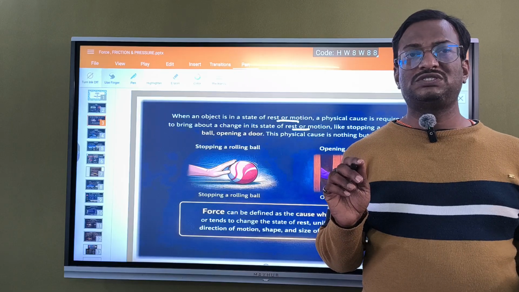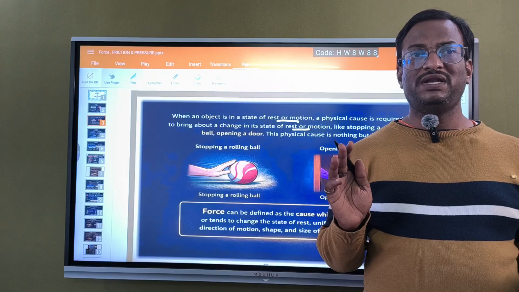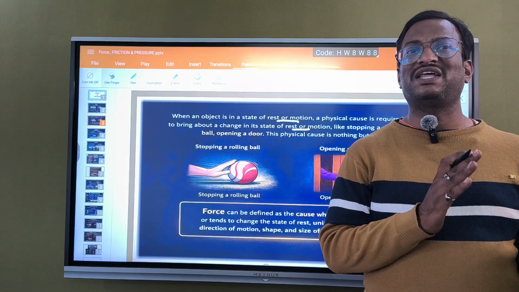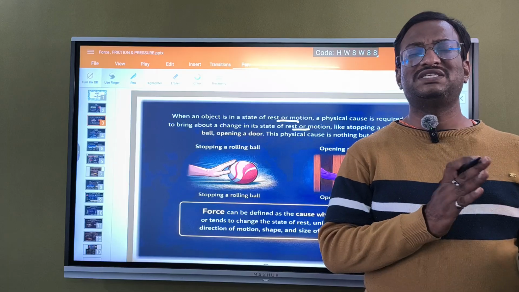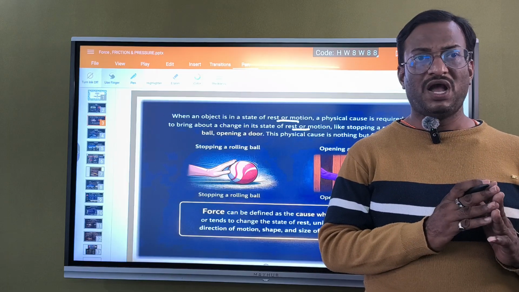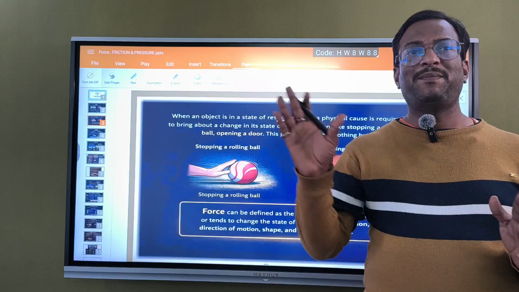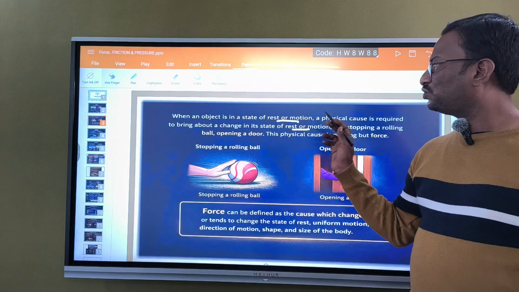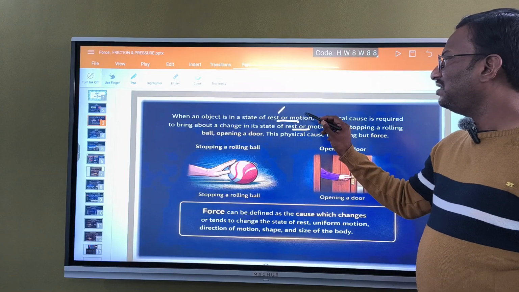We have taken two conditions. One is a person at rest at the bus stop, or a stone in the rest position, that is position A. And we consider one more position, a bus in motion.